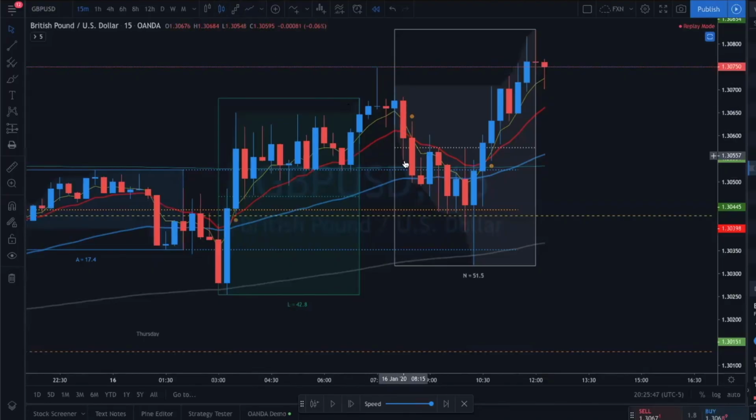But if you do call that an M, let's say you believe that this candle here basically spiked up and created the high of the day at that point. Let's just say you're back here now.